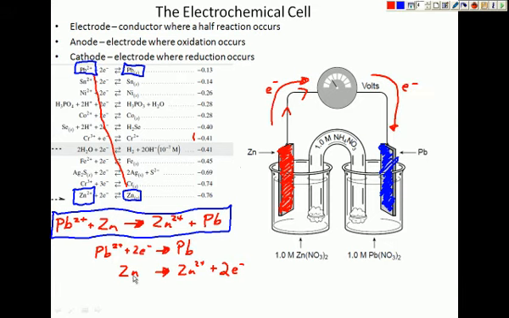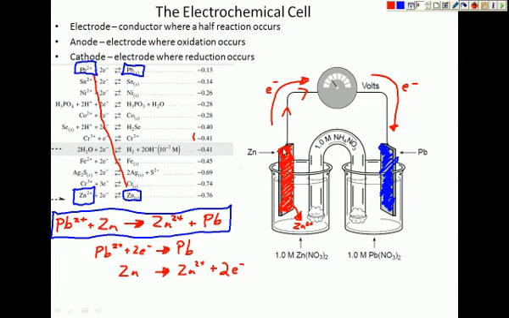And we can see that right here. 2 electrons are clearly leaving Zn, and Pb gains 2 electrons over on this side. So Zn right here is losing 2 electrons, and this Zn is turning into Zn2+. So this solid piece of zinc is coming out into the solution as Zn2+.